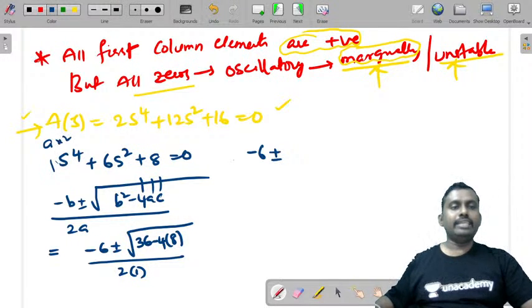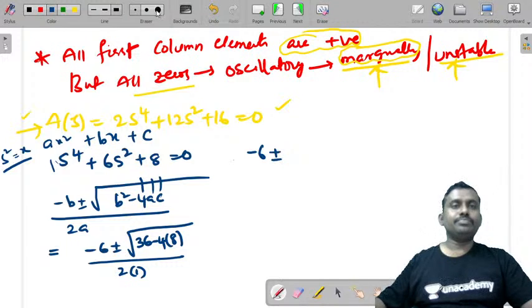This is ax square plus bx plus c. I'm taking s square as something like x.